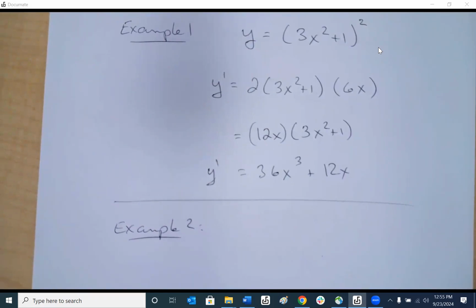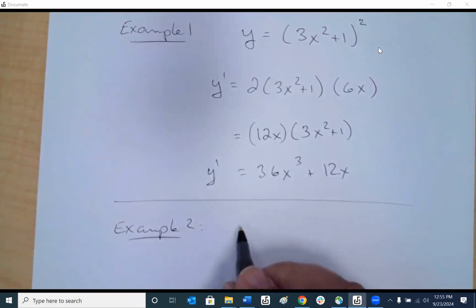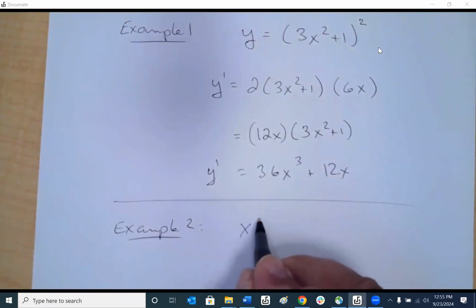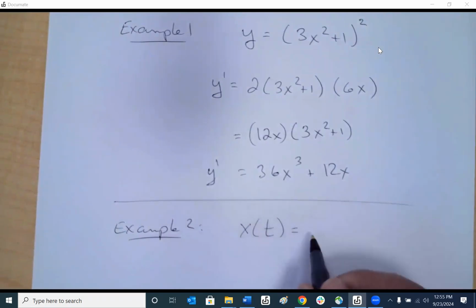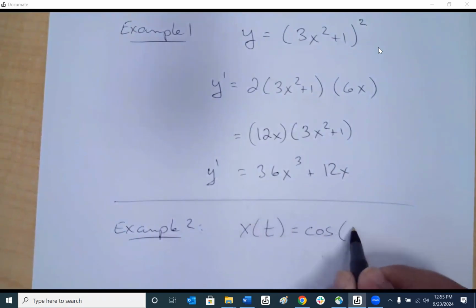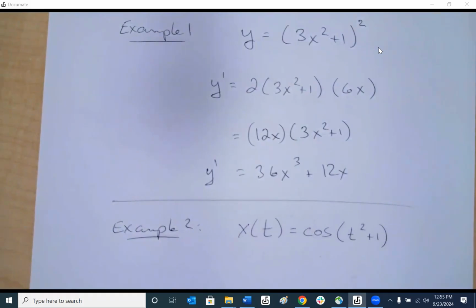Which brings us to the next one. An object moves along the x-axis, so its position at any time t greater than 0 is given by x of t equals cosine of t squared plus 1. Find the velocity of the object as a function of t.